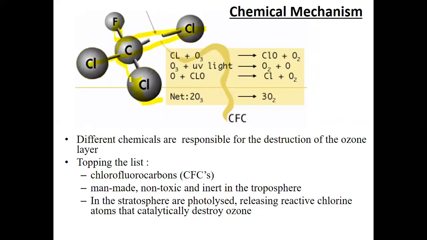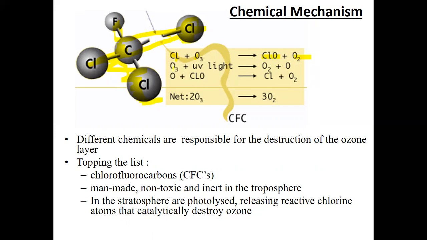So what happens when ultraviolet B rays in the stratosphere hit CFC-11? One chlorine atom is released from the molecule, and this chlorine reacts with an ozone molecule and produces ClO and oxygen.